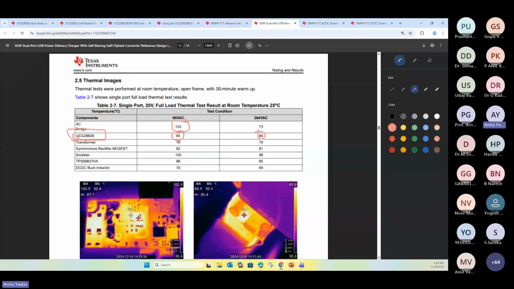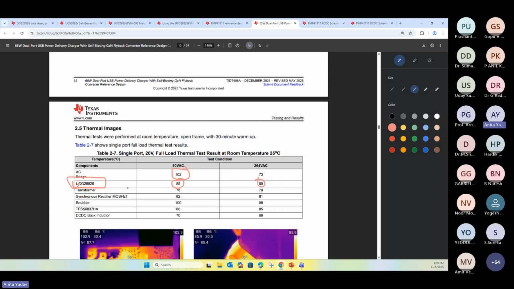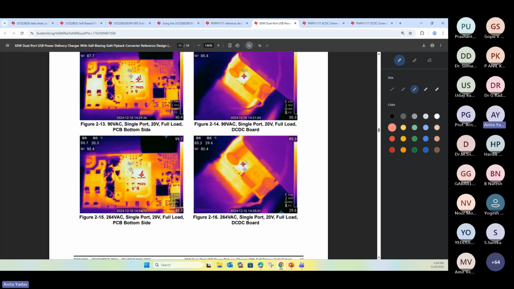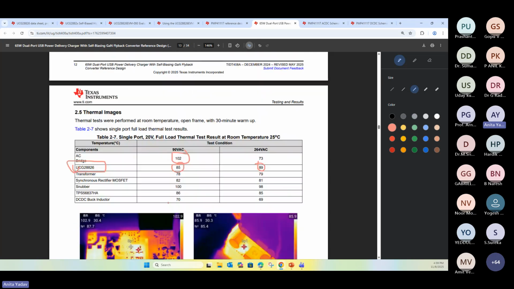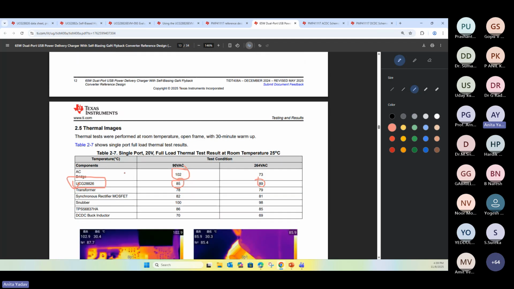Or you can also use a through-hole component instead of SMD. That also helps to reduce the temperature on the board, because if we have an SMD component, then all the temperature gets directly reflected on your board. But in through-hole, it gets in contact with the air, so it reduces the temperature all across the board.